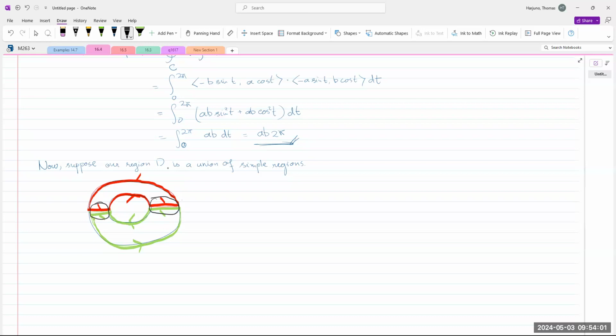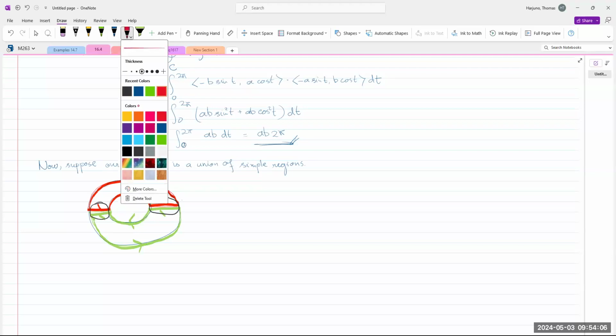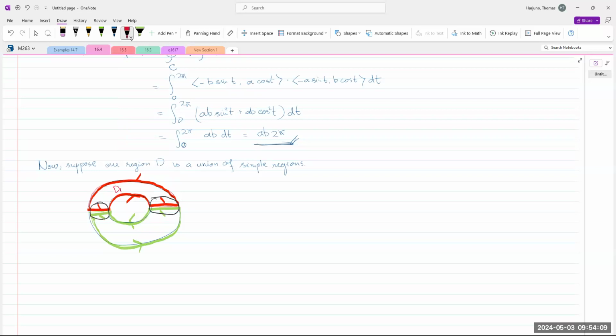Now what I'm saying is the original region D can now be rewritten as the union of D1 and D2, with region D1 enclosed by C1 and region D2 enclosed by C2. So region D is equal to region D1 union region D2.